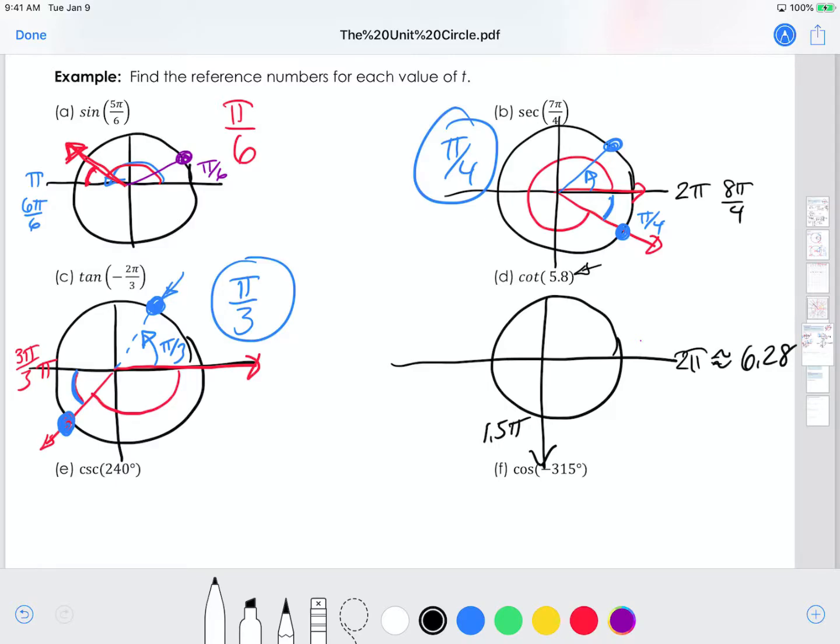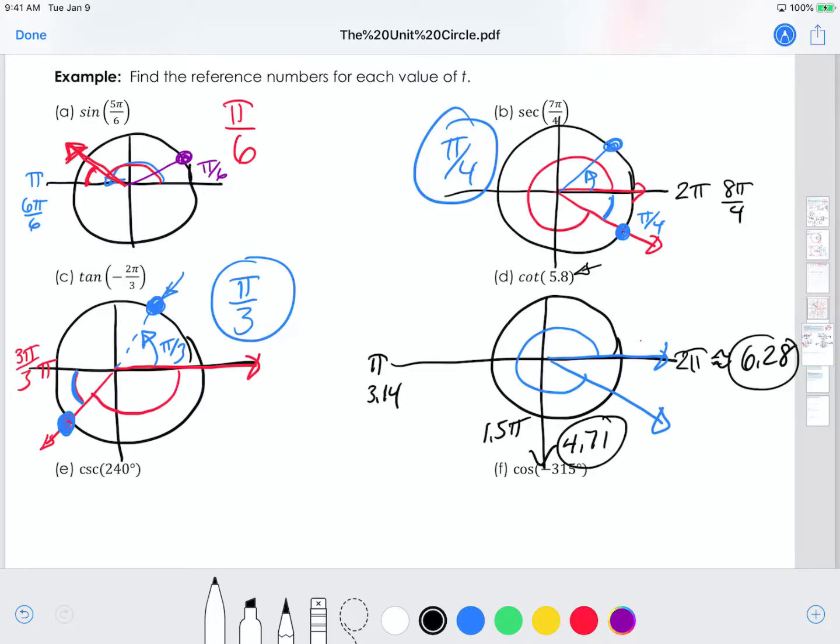If I take 1.5 pi and put it in decimal form as an approximation, that's 4.71 radians. So 5.8 radians is going to start here. There's my initial side, and it's going to swing open somewhere in the 4th quadrant because 5.8 lies between 4.71 and 6.28. So I just use my knowledge of the major angles and radians, put it in decimal form, and I can check to see where it falls.